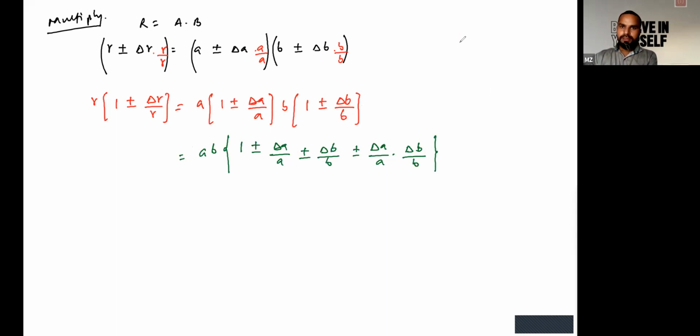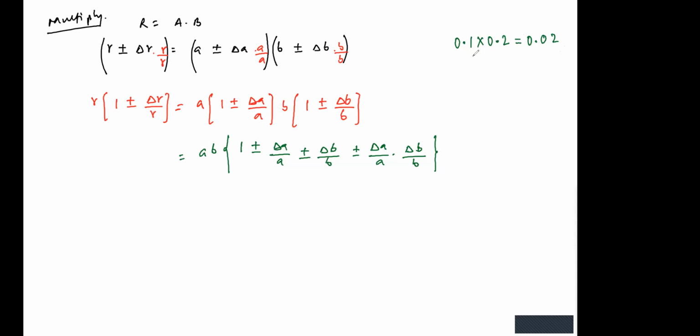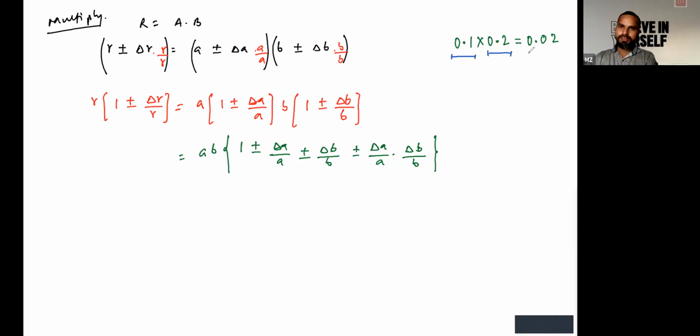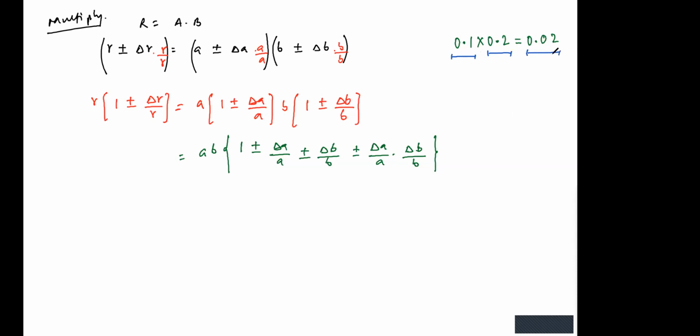Now, if you have 0.1 multiplied by 0.2, your result would be 0.02. Which of these three numbers would be the smallest? 0.1 and 0.2 both have the same significant figures.